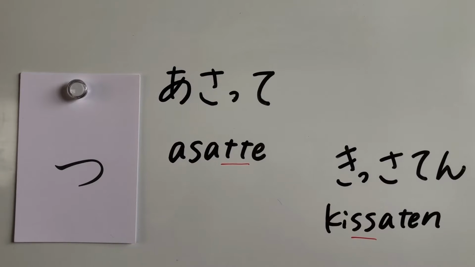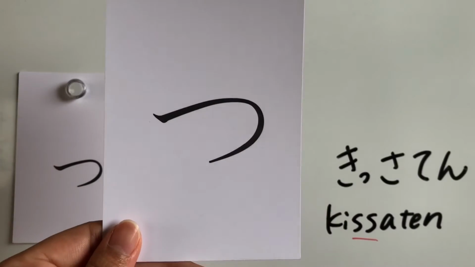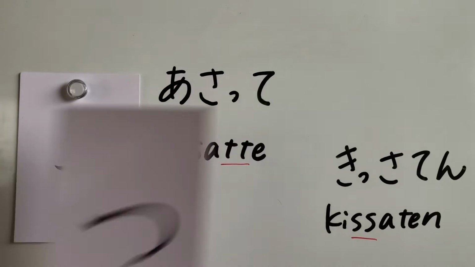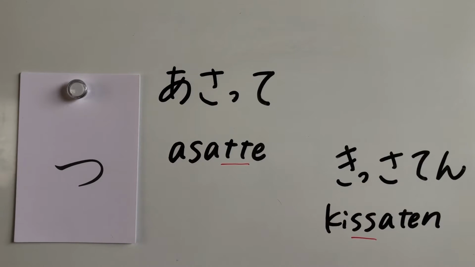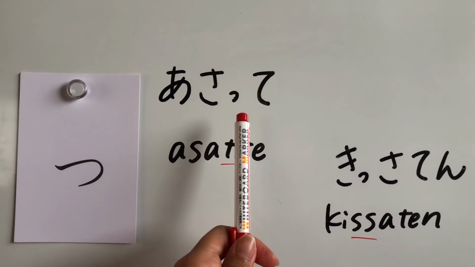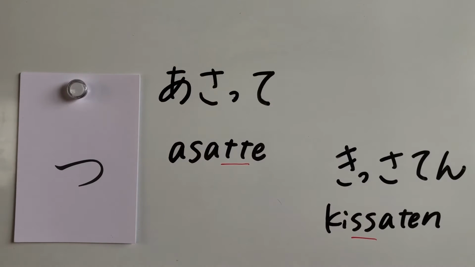So the first one is, well, this one was the original one. We say tsu, and that's the small letter of tsu. And for the pronunciation, I've just got 2 examples. The first one is a, sa, small tsu, te. We say asatte. Okay, and then the second one, ki, small tsu, sa, te, kissaten.